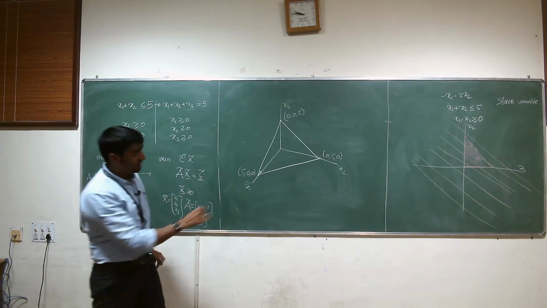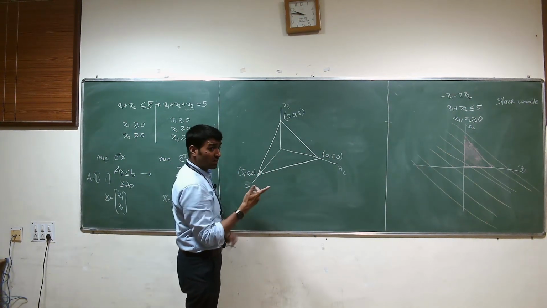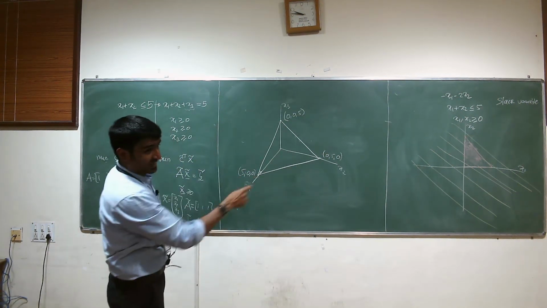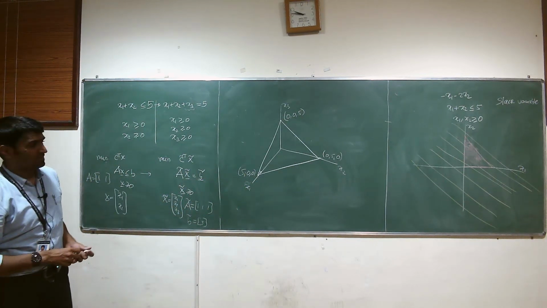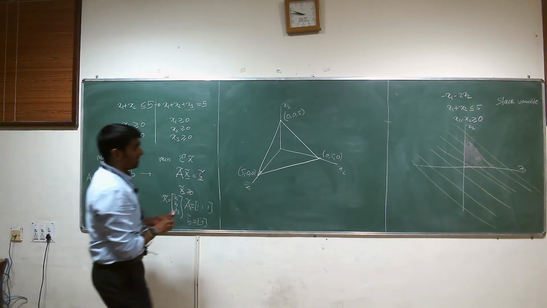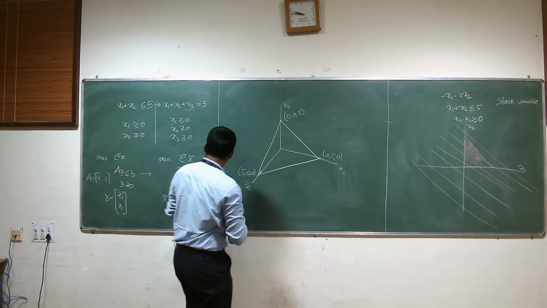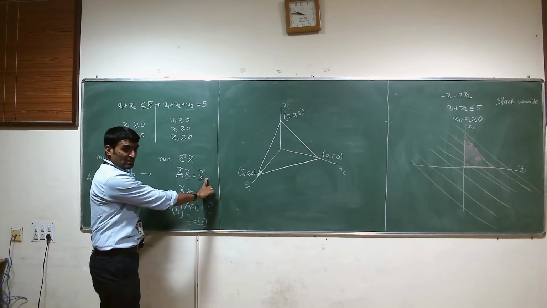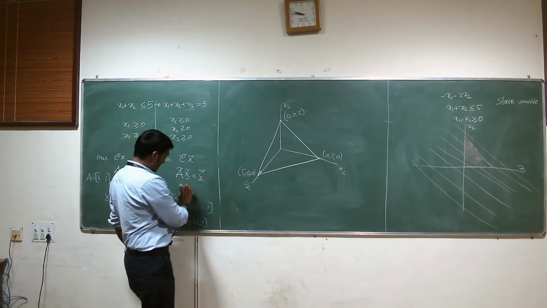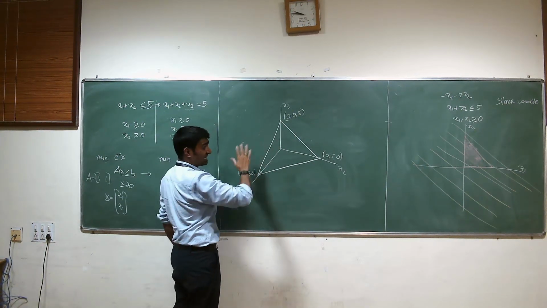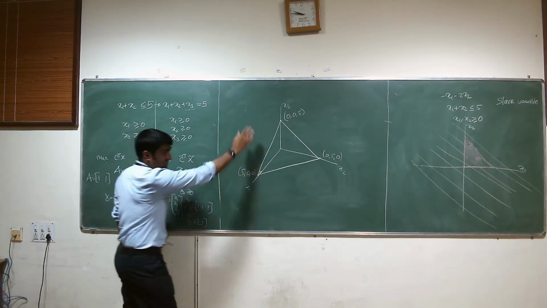Okay, and where are you searching now? There you are searching within the triangle. Where are you searching here? You're only searching on this triangle because both of these have to be satisfied, right? Even though this tells you you're searching in this octant, the intersection of the octant with this is essentially just this triangle.